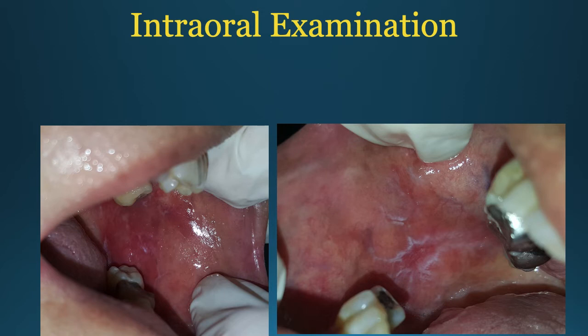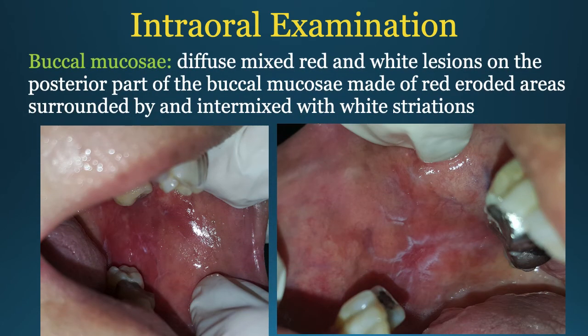We have multiple eroded areas in the oral cavity, and a mass, but in both buccal mucosae we have a very characteristic feature of certain diseases. So for me, I'm thinking of lichen planus. From our description, we said that we have a mixed red and white lesion located posteriorly in the buccal mucosa, so I'm thinking of lichen planus.